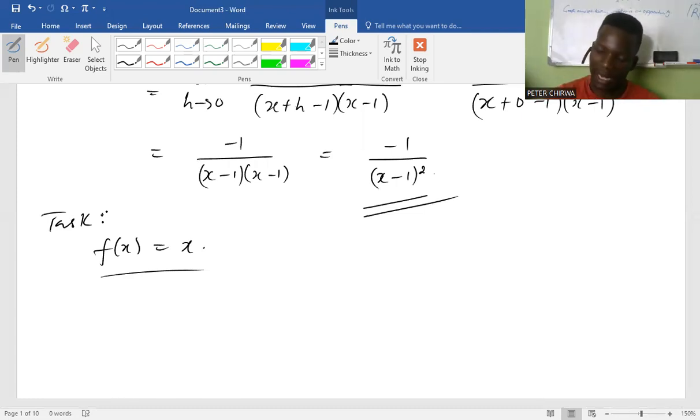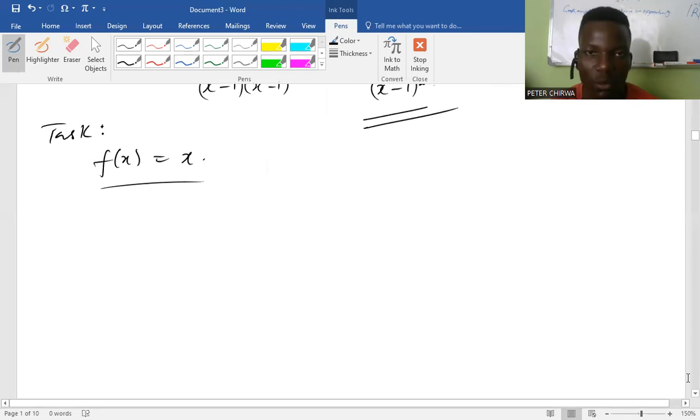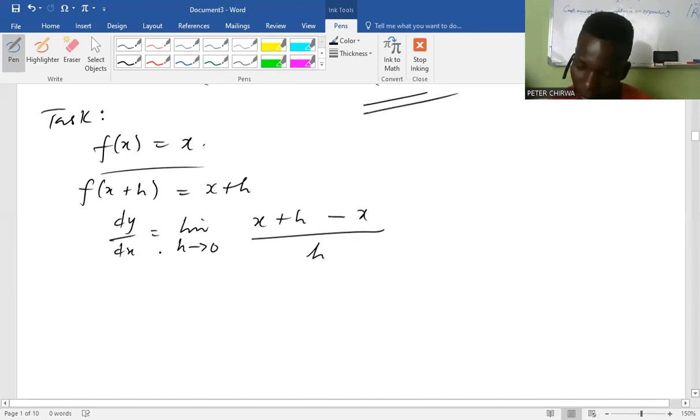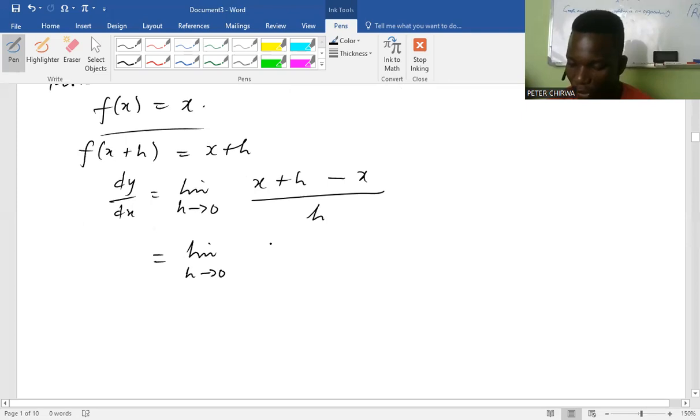Okay, welcome back. I believe you have solved that one. So now, how do we solve that one? This one is also the same way we have been dealing with. x plus h is basically going to be x plus h. The limit as h approaches 0 is going to be minus x over h. This x minus x is going to give us 0.